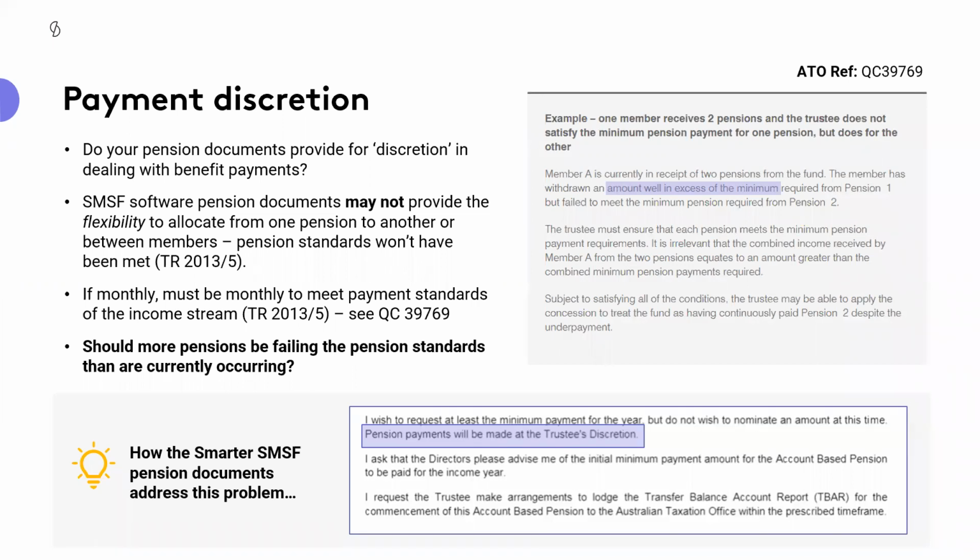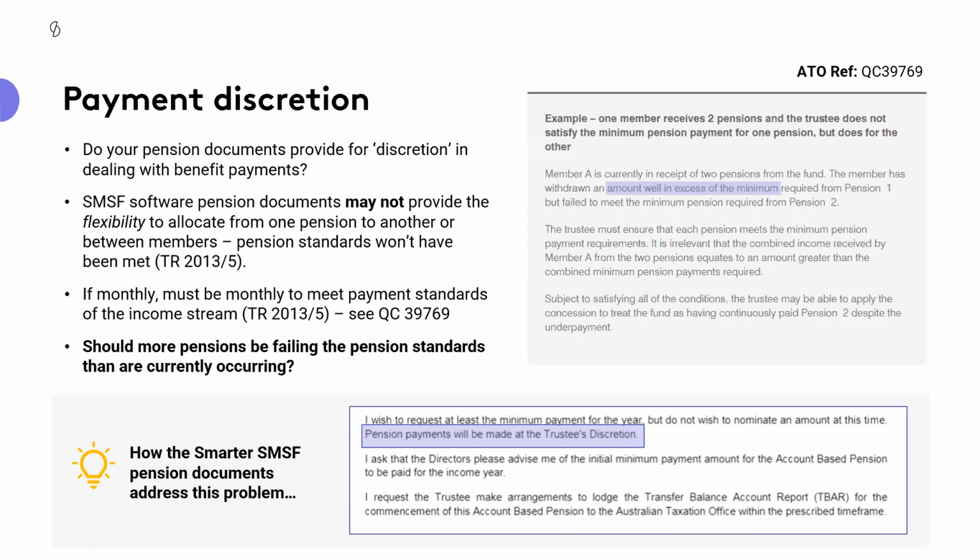So what we do very particularly with our pension documentation is we make it very clear that at the request where the member is drawing a level of pension for the year, the member is requesting to the trustee that they'll take at least the minimum.